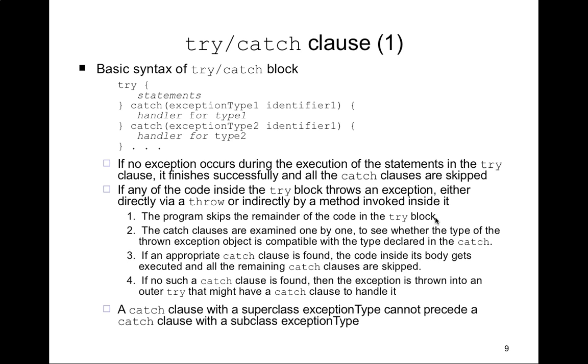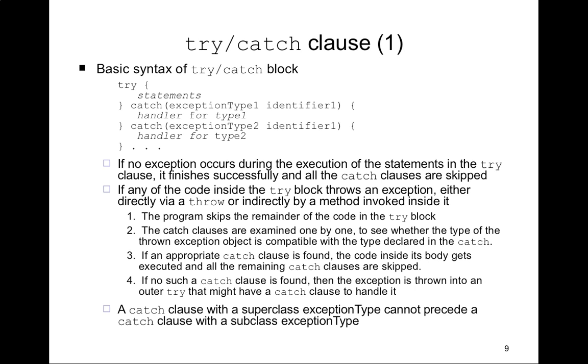This is the same behavior as you get in C or C++. It stops where it finds the error, automatically goes to the catch, and finds an appropriate catch or a default at the end. If an appropriate catch clause is found, the code inside it gets executed, and the remaining catch clauses are skipped. It's like a case switch with breaks in it. Actually, it doesn't go to the rest of them.